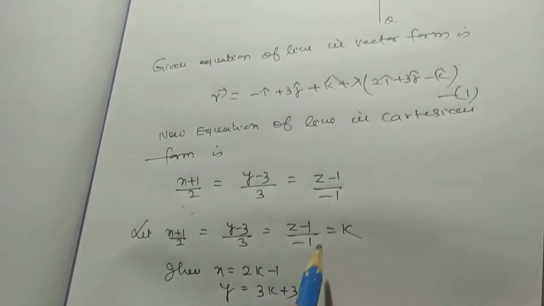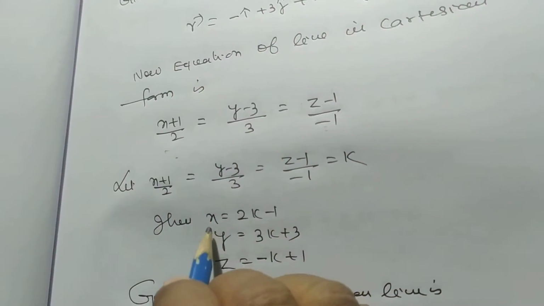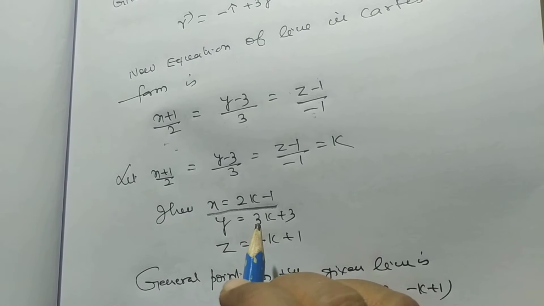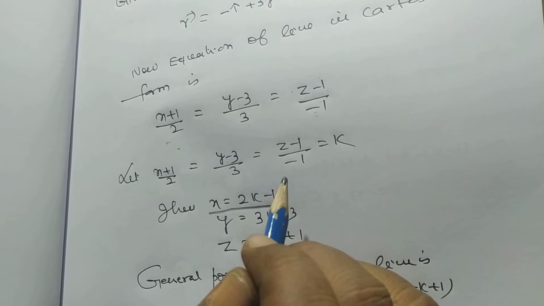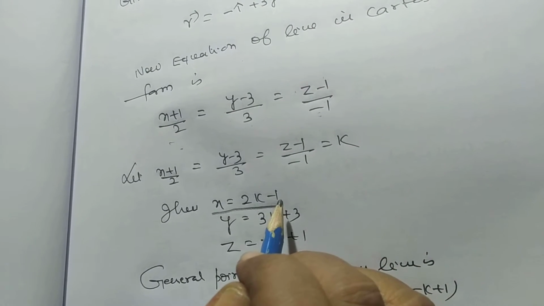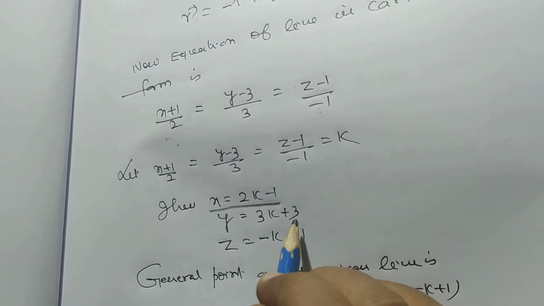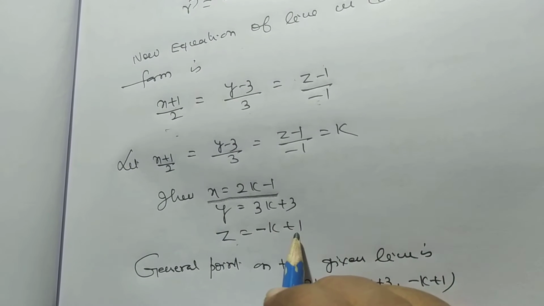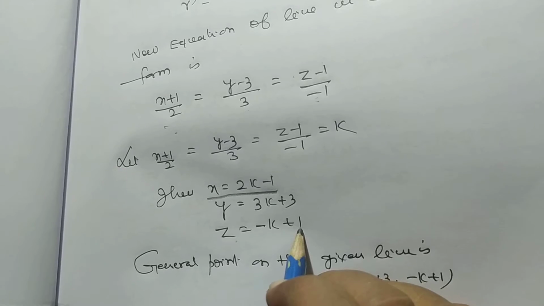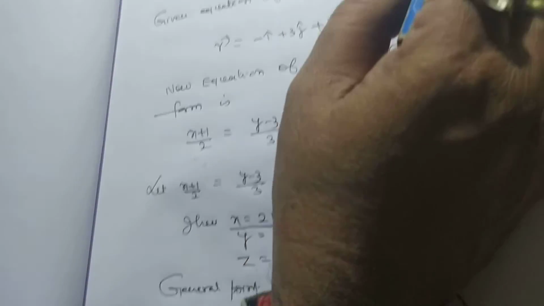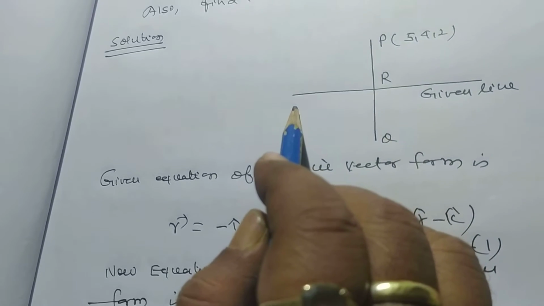Now we find the general point on the line first. x is equal to 2k minus 1, y is equal to 3k plus 3 and z is equal to minus k plus 1. My dear students, on this line there are so many points.